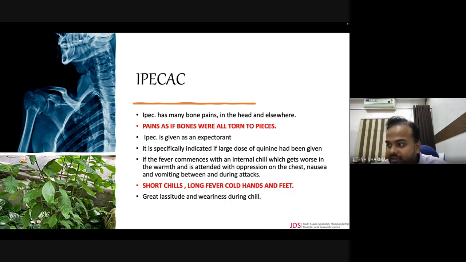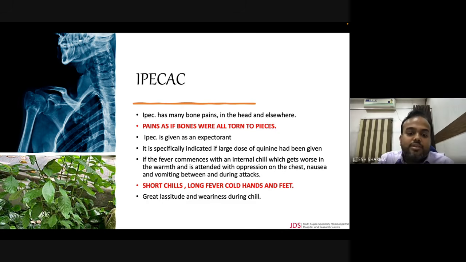Ipecac. Ipecac is a remedy when you're tired of giving Eupatorium perf. Ipecac has extreme body pains. You know, it's deadlier than Eupatorium perf. How? I'll tell you. Ipecac has a typical sensation, as if the bones were torn to pieces. Ipecac is an expectorant. In the fever, they have very short chills and long heat stages with coldness of hands and feet.